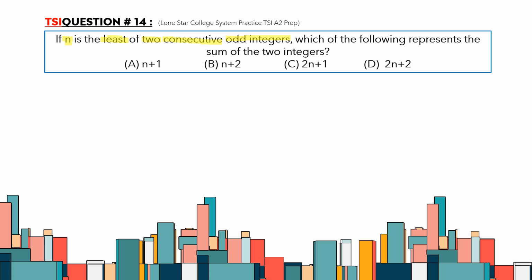So they want to ask what is the sum of those two integers. And n is just the name, the variable they're calling for one of the numbers.